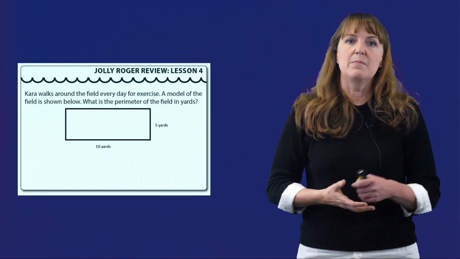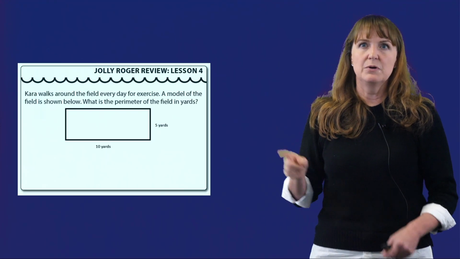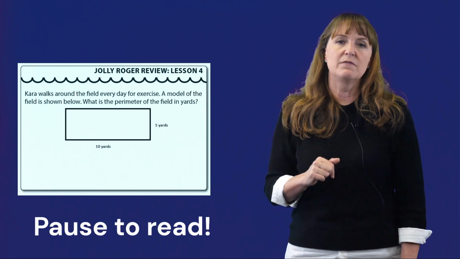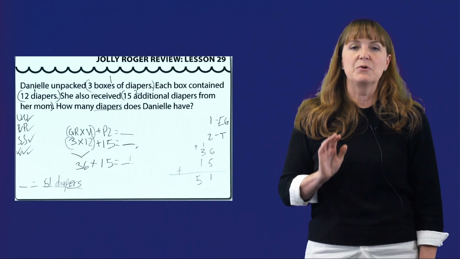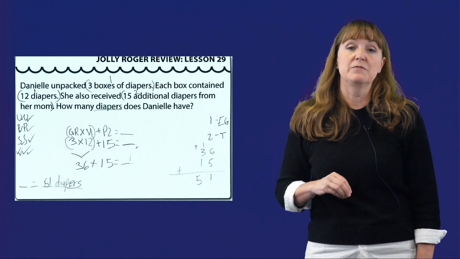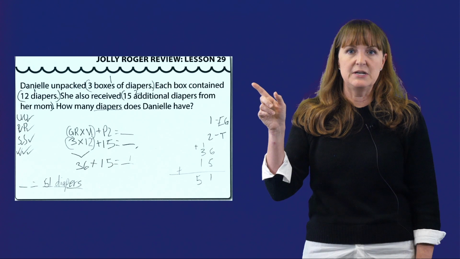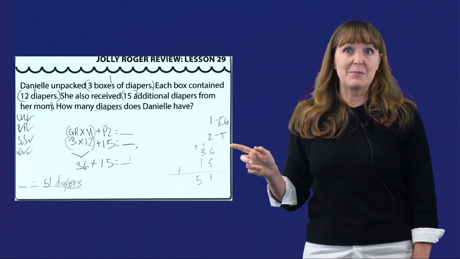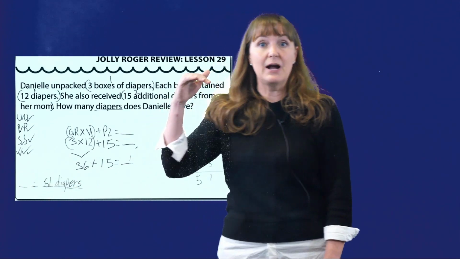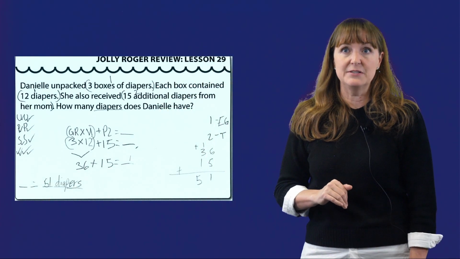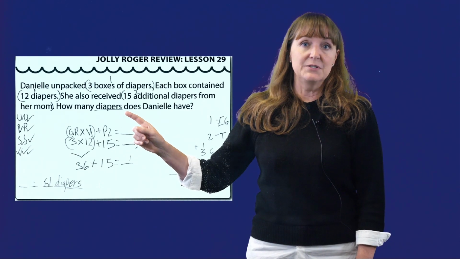So then as we think about the bottom of the Jolly Roger Review, students are going to set up and solve a word problem. Here is an example from lesson 4. Here is an example of the bottom part of the Jolly Roger Review for lesson 29, and this is a student work example. You can see that they wrote UPS check squared over here to help guide them through the word problem process. They underlined what the problem was about.